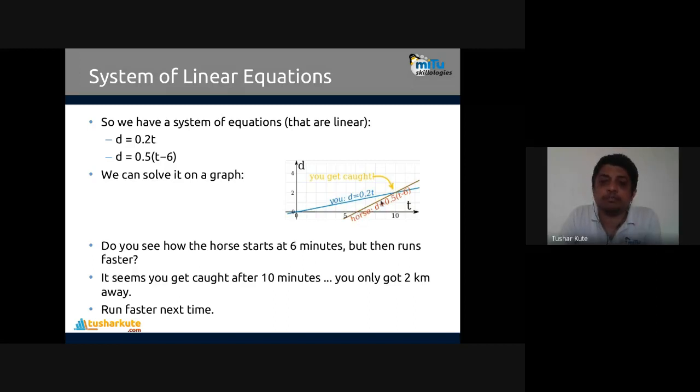That's why the slope of this line is different over here, and here we meet. So where we meet, at that point we can identify the value of t. So after 10 minutes we are meeting. When I start, after that 10 minutes, and when the horse starts, after that 4 minutes we have met. And at what distance have we met? So we have met at 2 kilometers here.